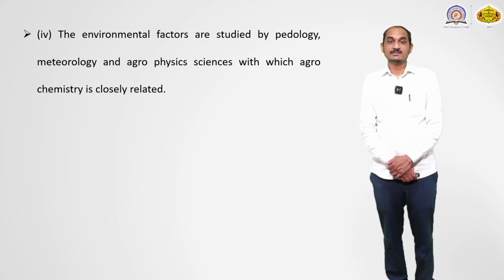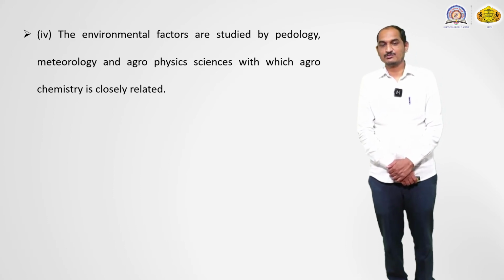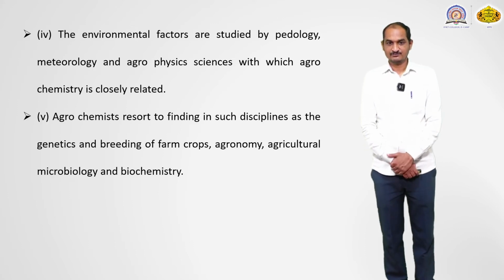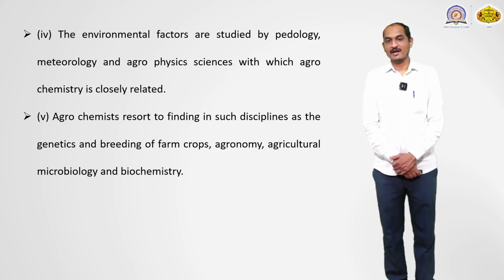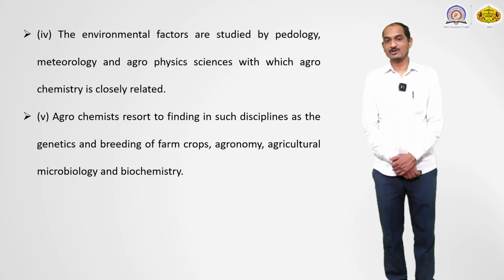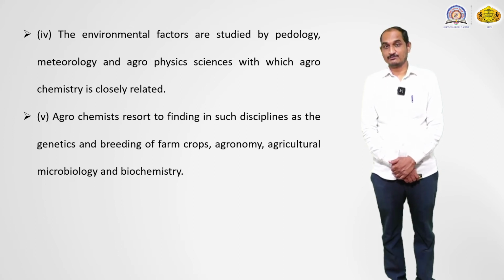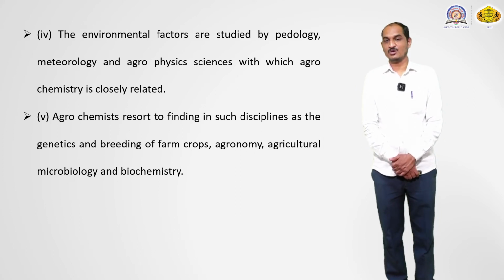We know that the agricultural sector mostly depends on the climate, so meteorology is the most important branch of science related to agrochemistry. Another important part is that agrochemistry resorts to findings in disciplines such as genetics and the breeding of farm crops. For increasing the growth of different types of crops, the genetics and breeding of farm crops is most important.